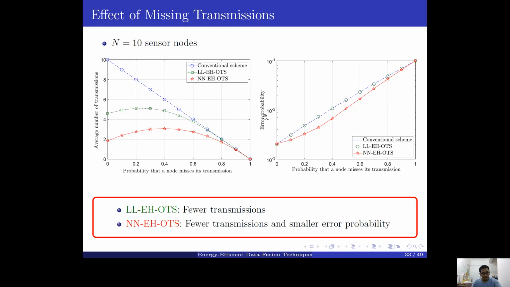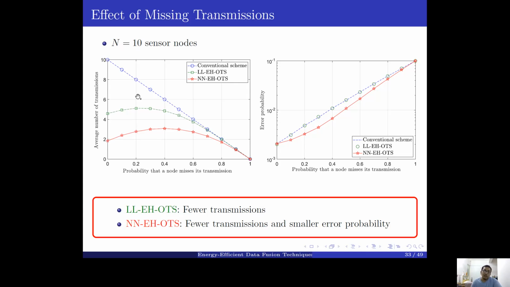We will show how it does with two results here. We have plotted first the average number of transmissions as a function of the probability that a node misses a transmission. We show the results for the conventional scheme, LLEH OTS and NNEH OTS for a network with 10 sensor nodes.